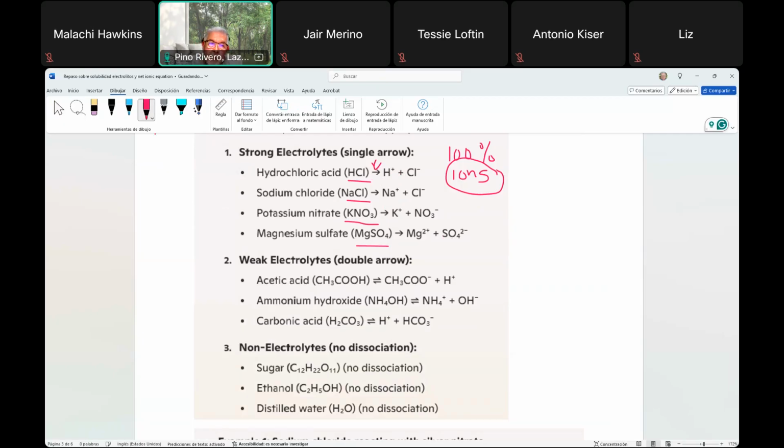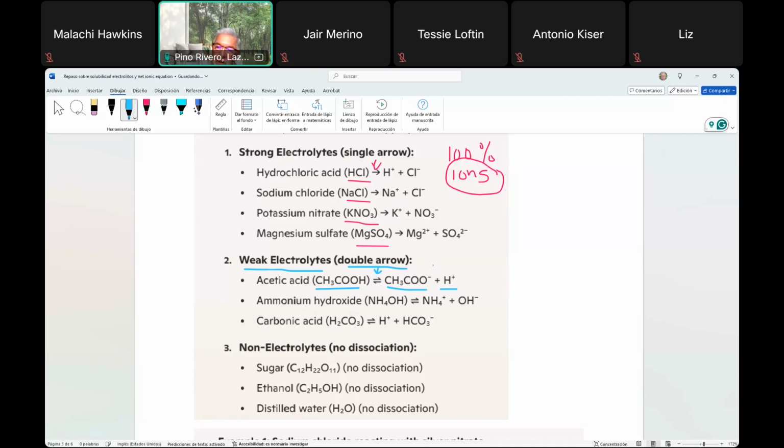When we are in front of a weak electrolyte, we use double arrow. Look, this is the double arrow. And then we have the compound in equilibrium. This double arrow represents equilibrium with the ions. But what happened with these substances?